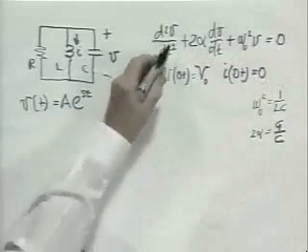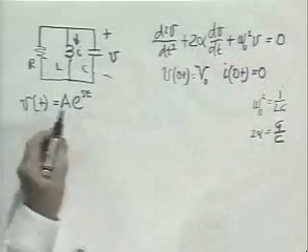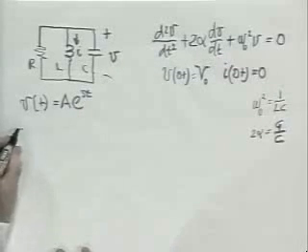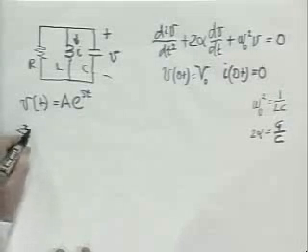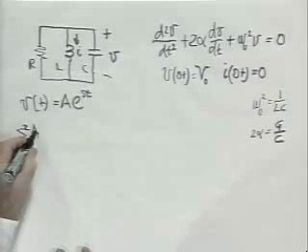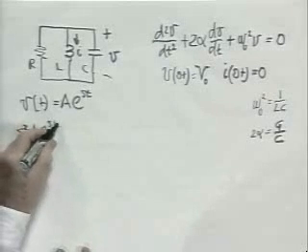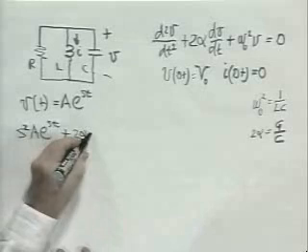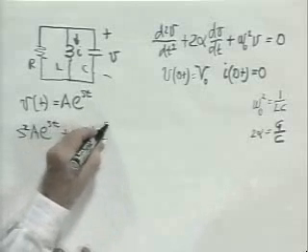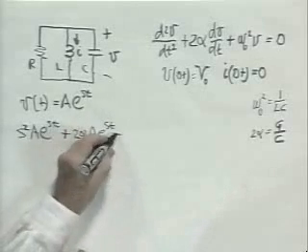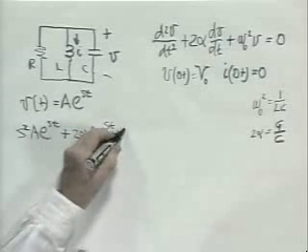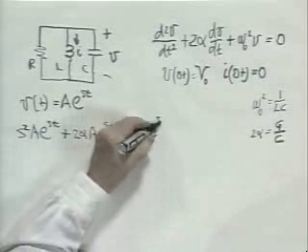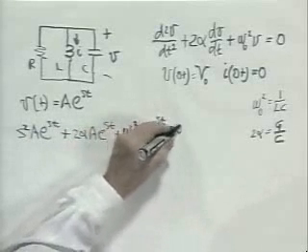If we do that, remembering that each time we differentiate this thing, we get it back multiplied by s. So the first term becomes s squared a e to the st. The second term becomes 2 alpha s a e to the st. And the third term is just omega naught squared a e to the st, all equal to 0.